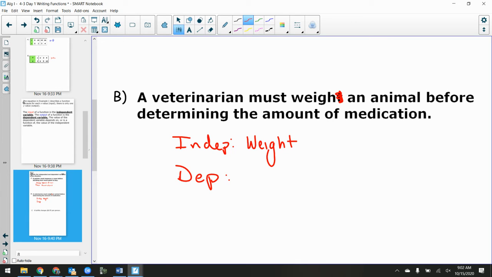Okay, so what's my dependent variable? If I change the weight of the animal, what does that force to change, Liam? The amount of medication. If you had accidentally flipped that, you would have said, oh, if I change the amount of medication, it'll change the weight of the animal? But that doesn't make sense.